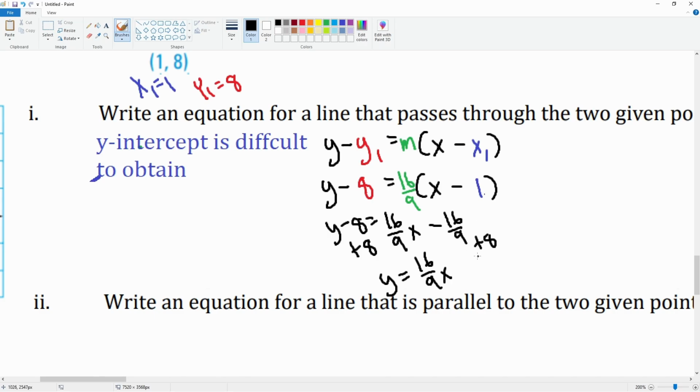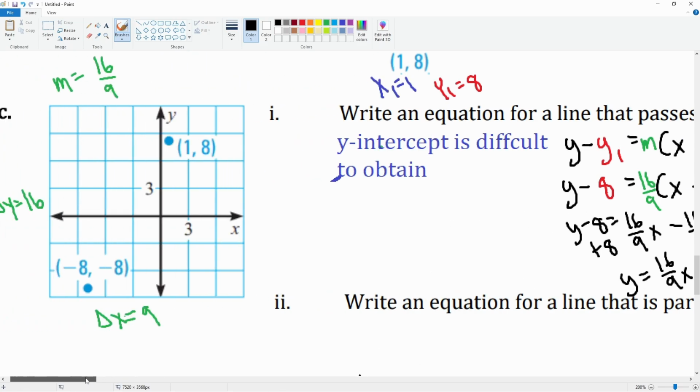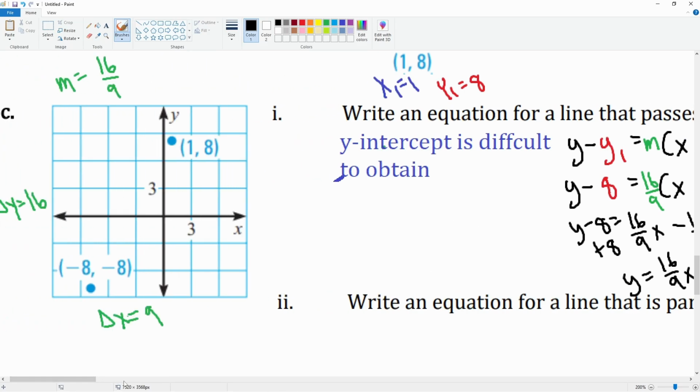Then you want to do this in your calculator. You want to do negative 16 over 9 and add that to 8. And the fraction of that is plus 56 over 9. That's why it's very difficult to actually get the y-intercept here, because it's a weird fraction.